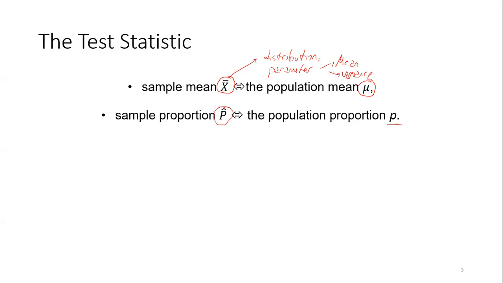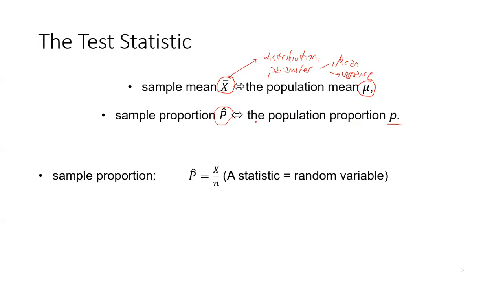Just like X bar is a point estimator for mu, P hat is a point estimator for P. The sample proportion P hat is equal to X divided by n.